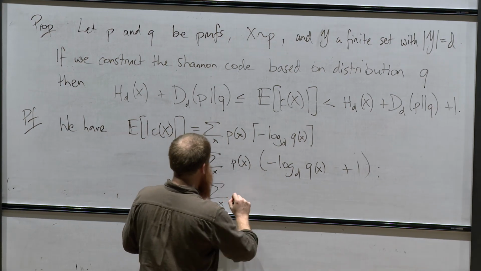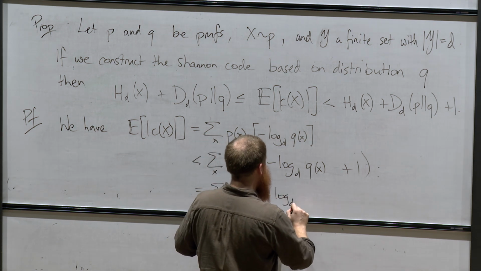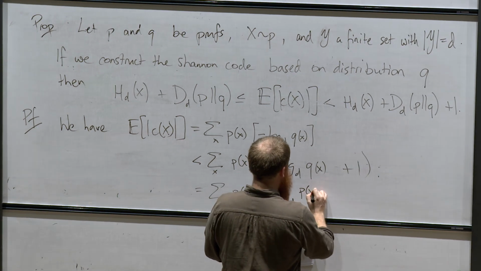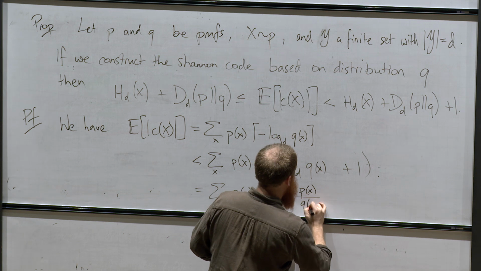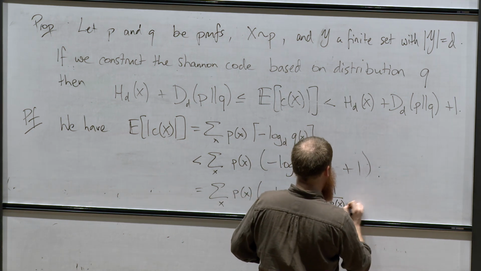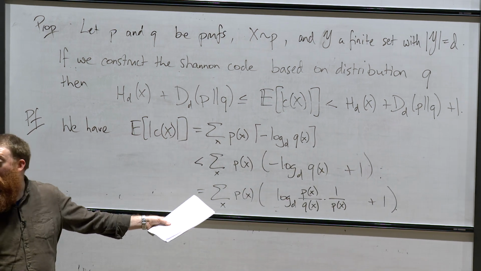So this is the sum over x of p(x) times minus log to the base D of, let's call it p(x) over q(x) times 1 over p(x), plus 1. And you can see I've done absolutely nothing.